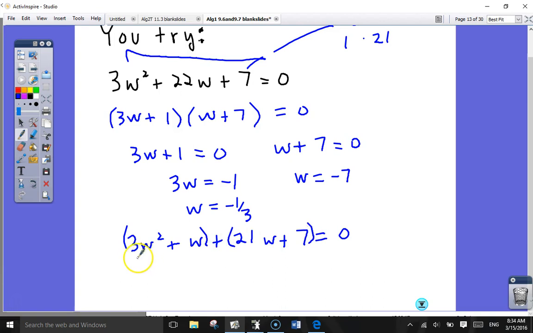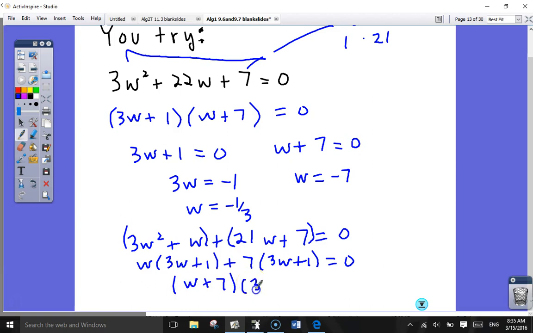I'm going to factor a w times 3w plus 1 plus 7 times 3w plus 1. And now what's left? W plus 7 times 3w plus 1. Right, which is the same thing as I had there.